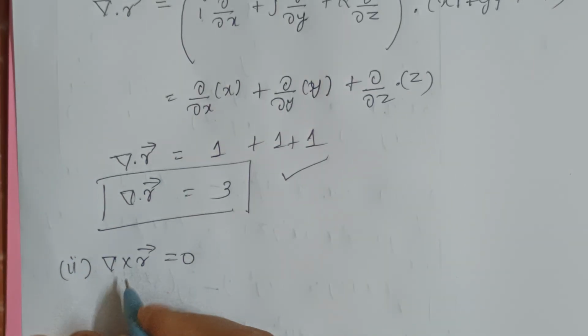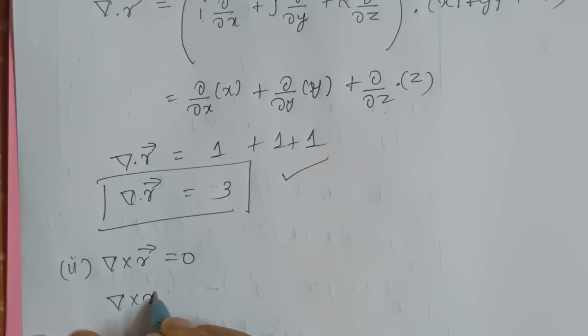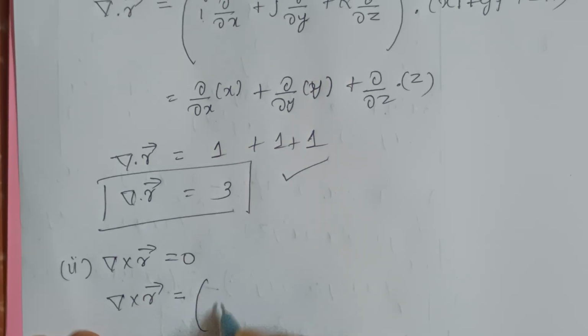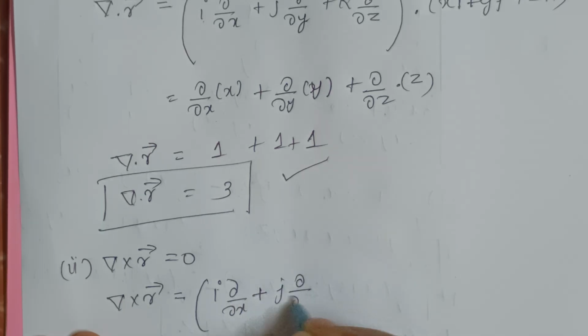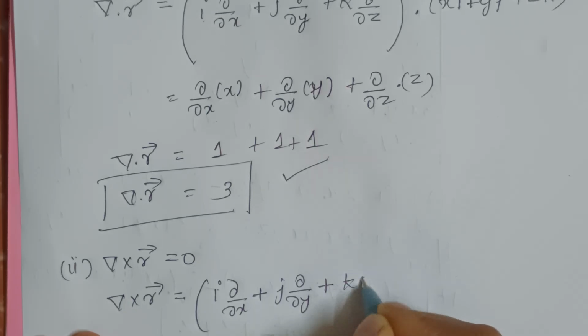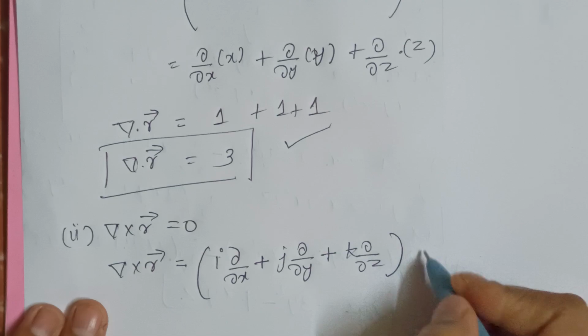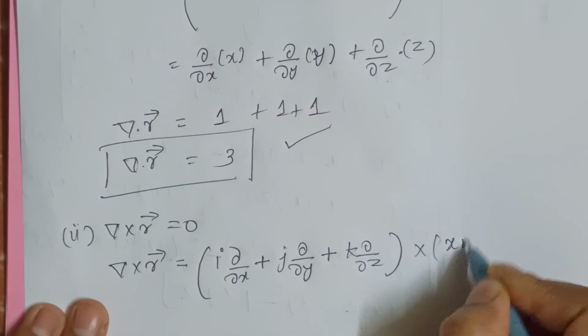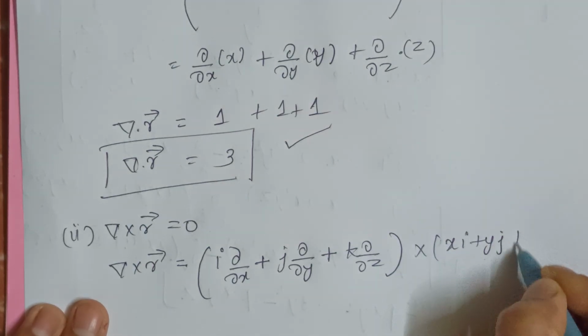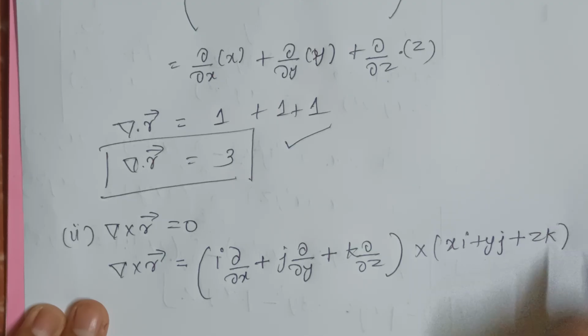I can write this as del cross vector r equals i dou by dou x plus j dou by dou y plus k dou by dou z, cross xi plus yj plus zk.